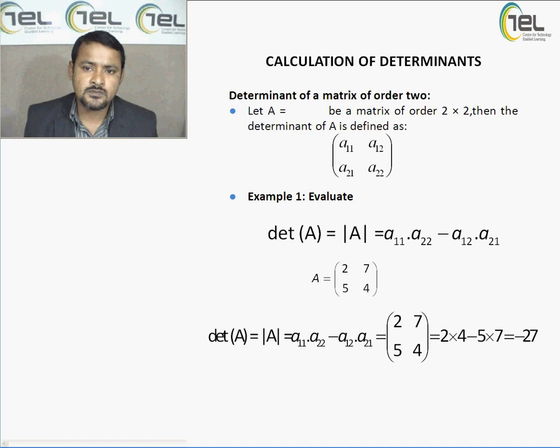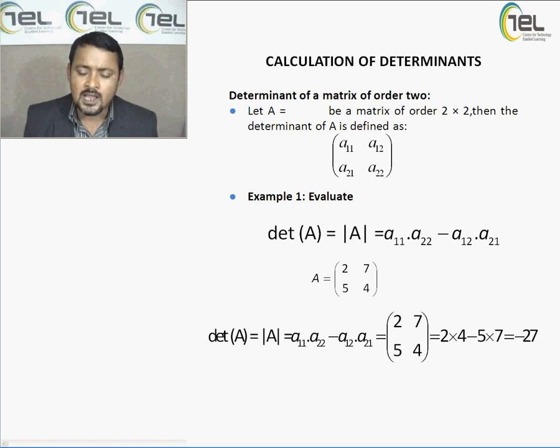A12 represents first row, second column. A21 represents second row, first column, and A22 represents second row, second column. So these numbers are popularly denoted as i and j. i stands for row and j stands for columns. So you can write that as Aij also.